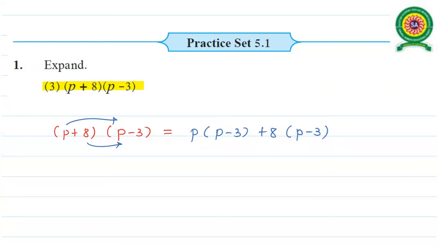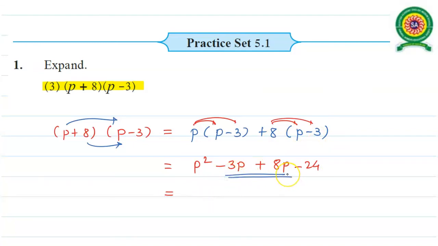Again distribute p over the bracket and 8 over the bracket, so we get p into p as p square, minus 3 into p as minus 3p, plus 8 into p as 8p, 8 threes are 24, so minus 24. After simplifying, minus 3p plus 8p gives us 5p, so we have p square + 5p - 24 as the expansion of (p + 8)(p - 3).